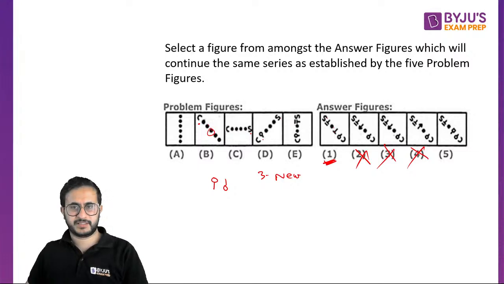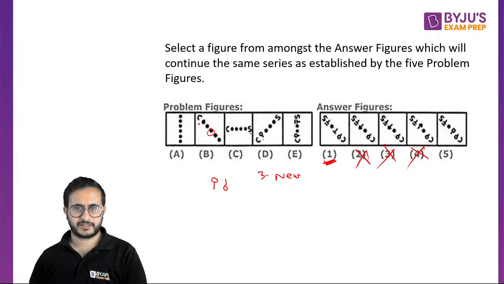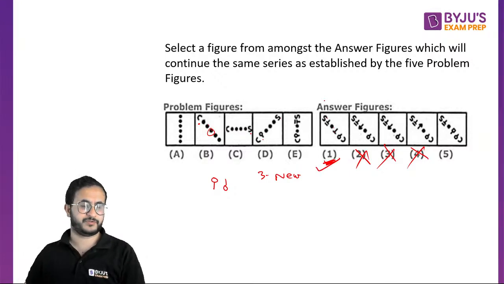Letter, symbol, next is letter. First letter, second letter, then symbol, then next is letter. Yeah, that is also a fine logic. If you go by that logic also, then it will be the right answer, right? So first of all, you are adding a letter. In this also you are adding a letter. Then we are adding a symbol. Then we added a symbol. So we will add a letter.